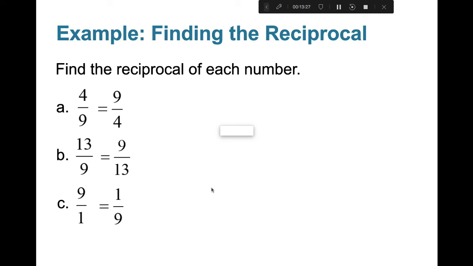If I told you that this is a whole number that sometimes doesn't have that 1 hanging out underneath it, if I just said, what is the reciprocal of 9? You have to remember there is an invisible 1 hanging out below that 9 that nobody takes the time to write. So our reciprocal of the whole number 9 is 1/9.